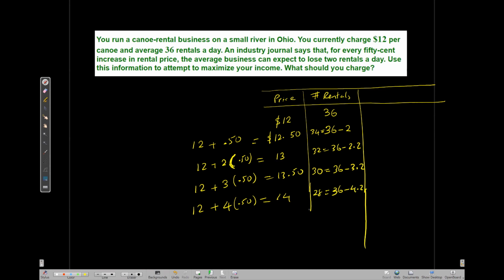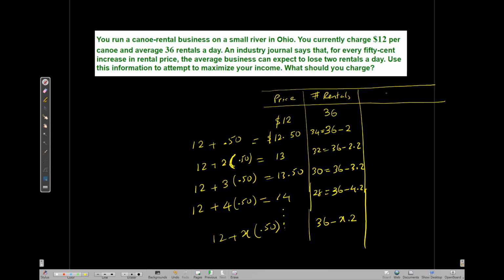Now you see the pattern, right? And if you continue, let's say 12 plus x times 50 cents, x can be any number, and the rental is 36 minus x times 2, or 2x.